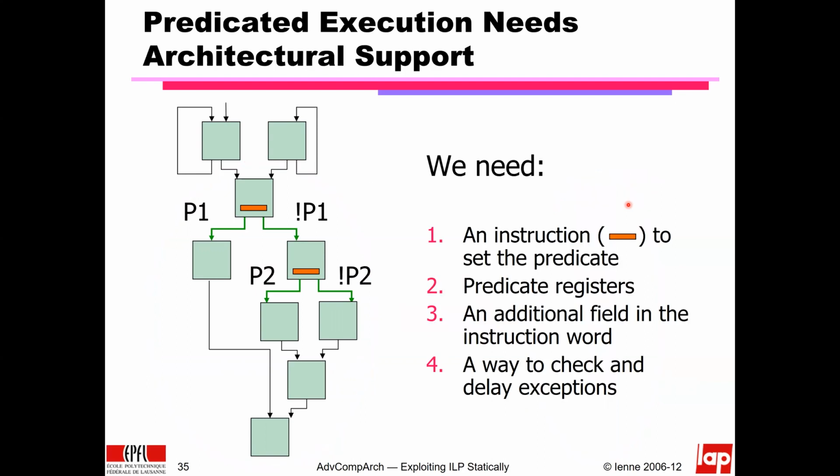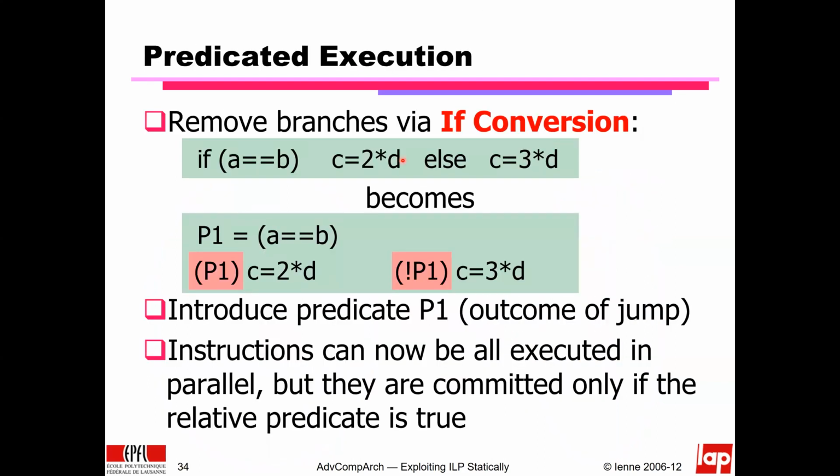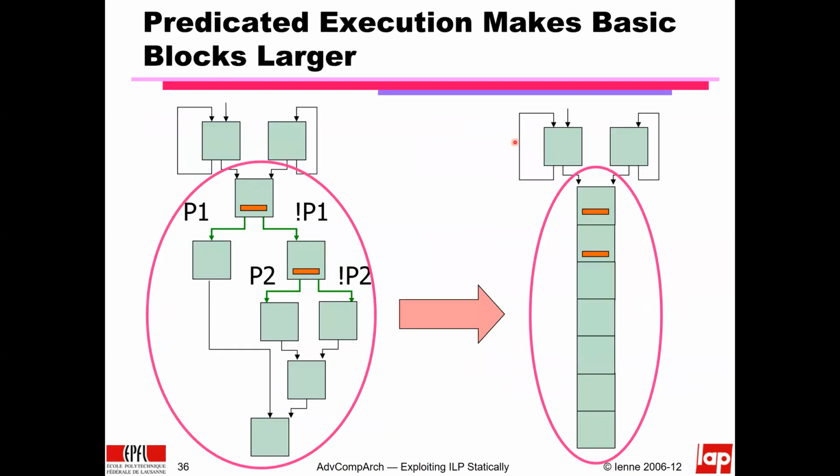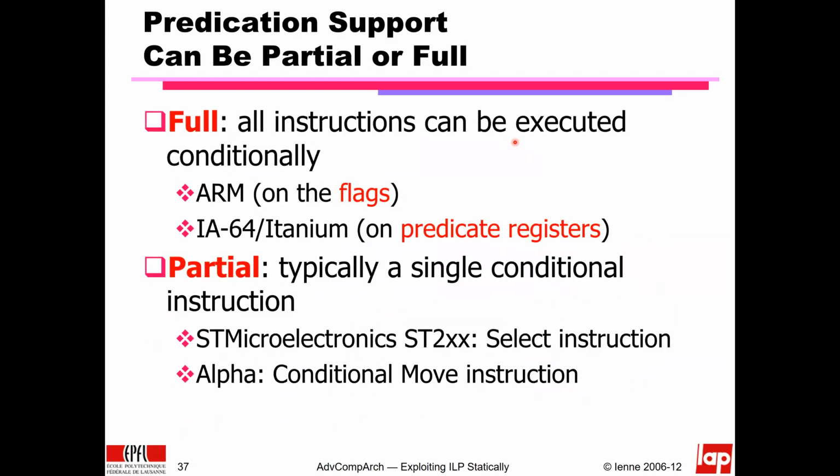Actually, in some cases, it's almost guaranteed, because these two parts, by construction, are independent. The then and the else cannot have a dependency between them because they are not supposed to be executing at the same time. And so the hope is that by making basic blocks bigger with this technique, I will have chances to do better.